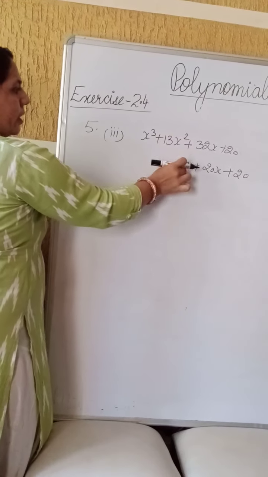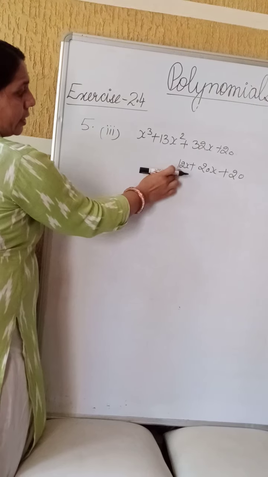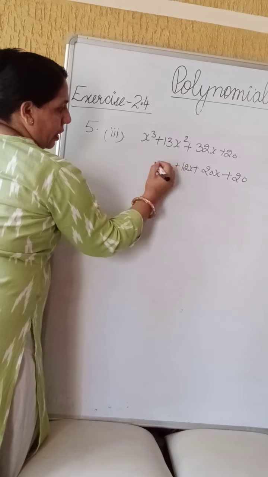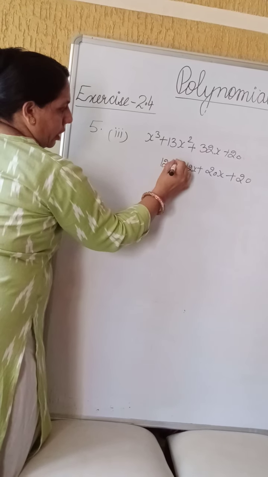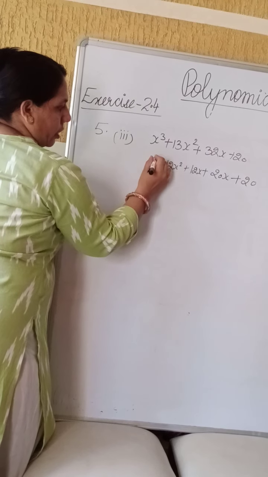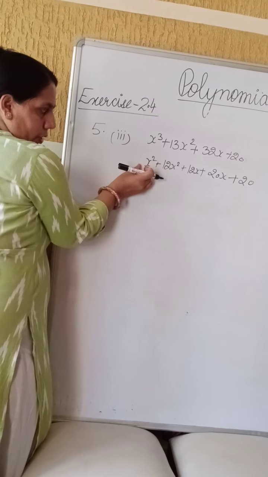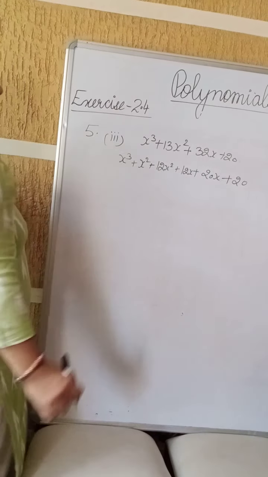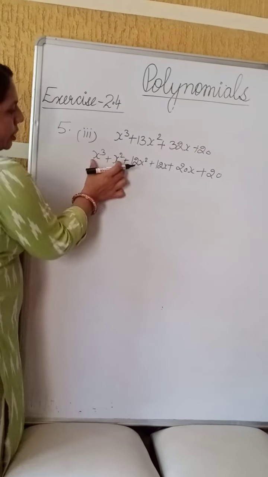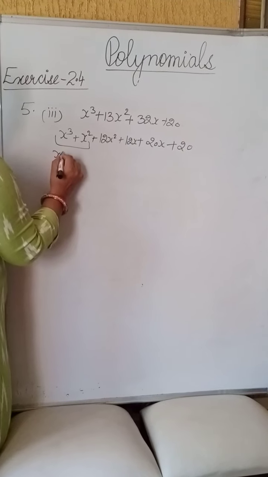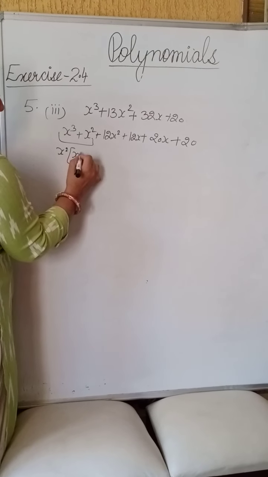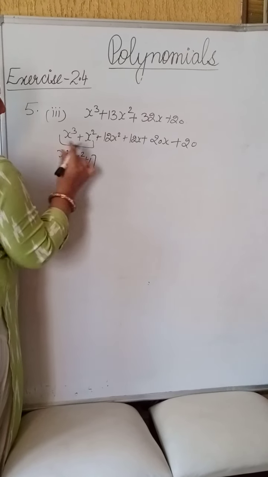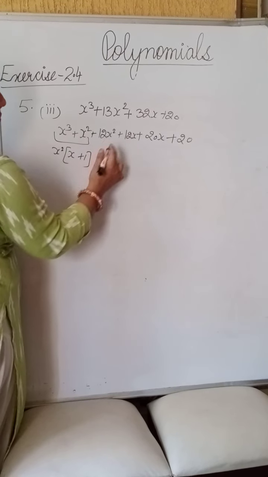Now make the pairs of 13. But see this 12. So we will write it 12x square plus x square. 12 plus 1, that is 13x square plus x cube. From these two terms, take x square common, x square plus 1. Sorry, x plus 1.